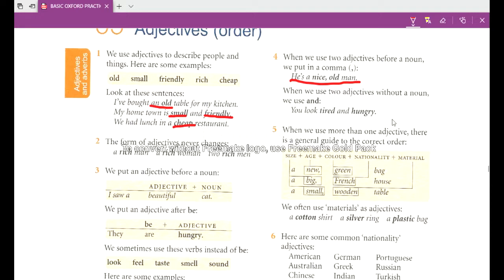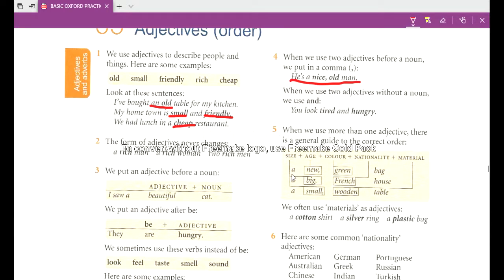Point number five. When we use more than one adjective, there is a general guide to the correct order: size plus age plus color plus nationality plus material. It's just a general guide. We can follow this guide.